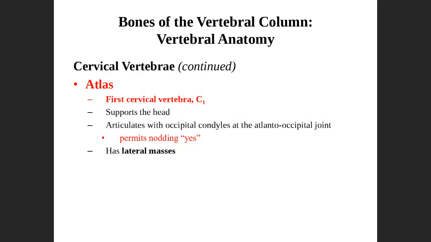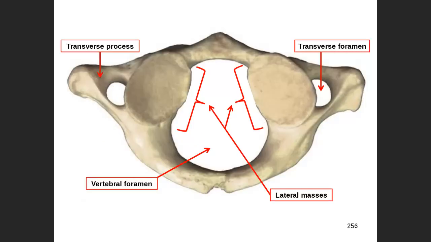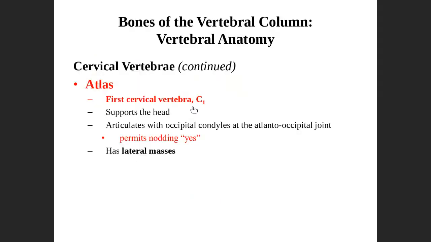Okay? All right, so let's talk about our very first atypical vertebrae. It's the atlas. Now, again, if you get on your test a picture of this and it says name the vertebrae, you can say atlas or you can say C1. Easy, right? Cool. Either one is acceptable. This is the one that sits right beneath the skull, the occipital bone. Remember we learned about the occipital condyles? Those are those knobs that sit on either side of the foramen magnum.